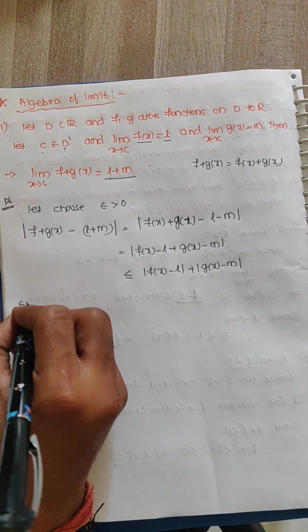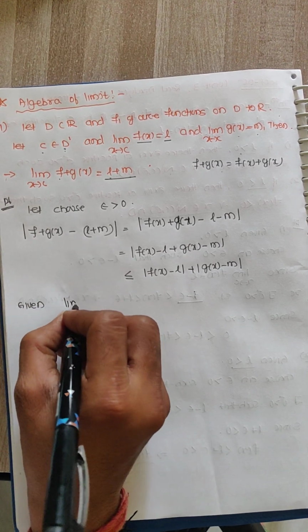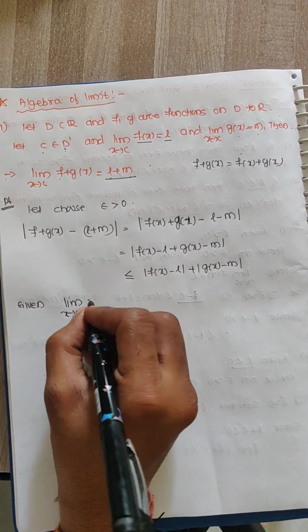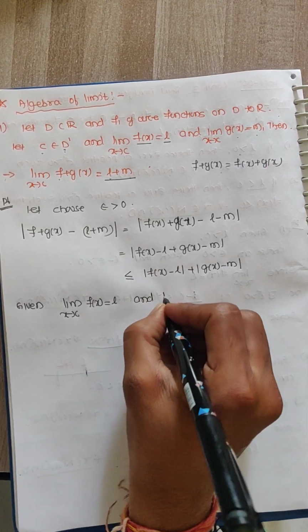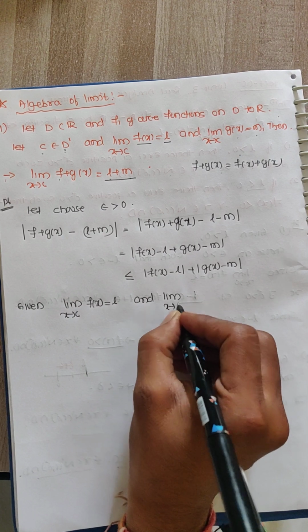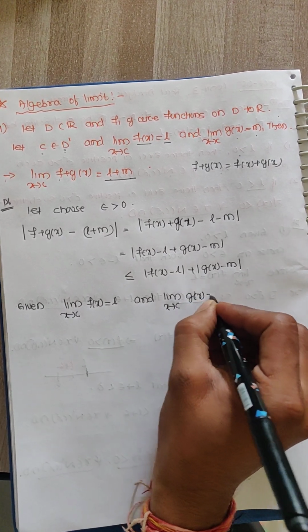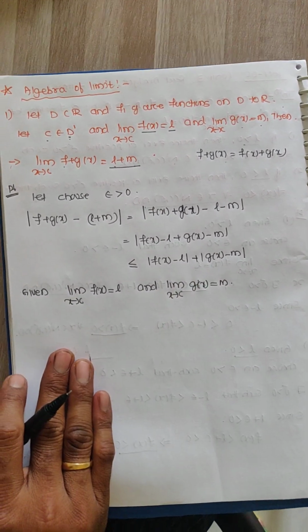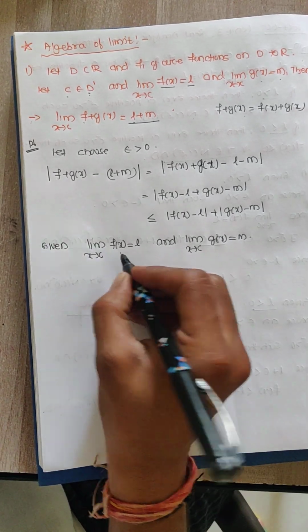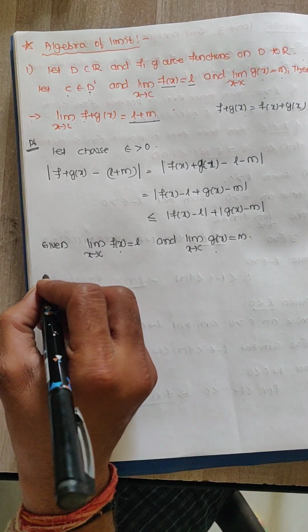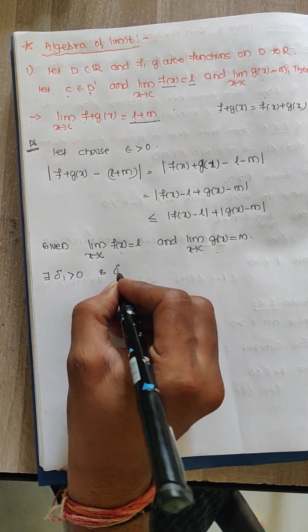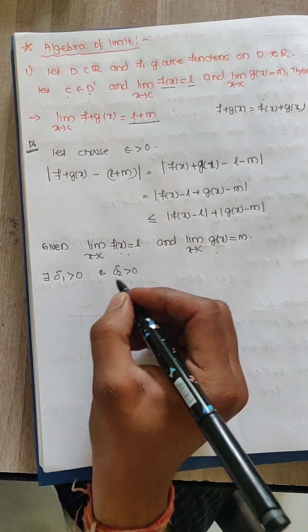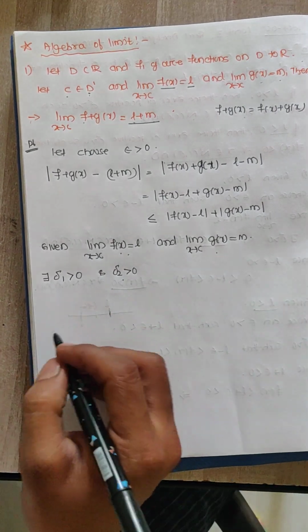Now given that limit as x tends to C of f(x) is equal to L, and limit as x tends to C of g(x) is equal to M, so this limit exists, this limit exists. Meaning there exist delta 1 positive and delta 2 positive. Delta 1 is for the first limit and delta 2 is for the second limit.